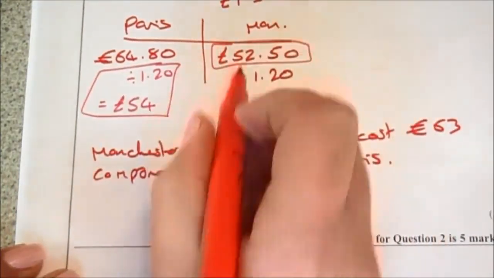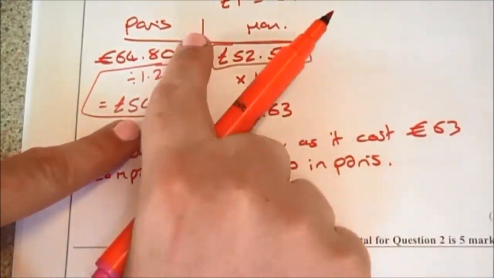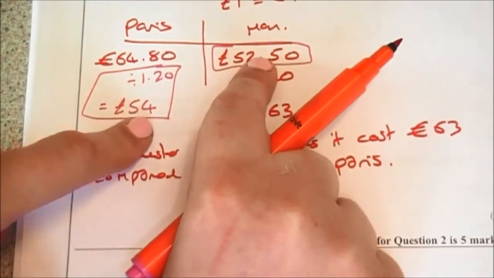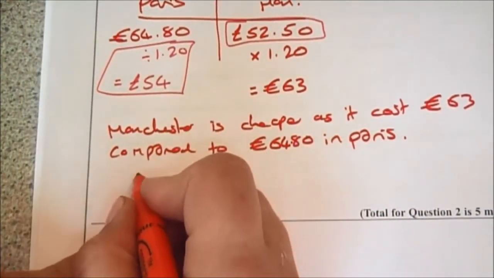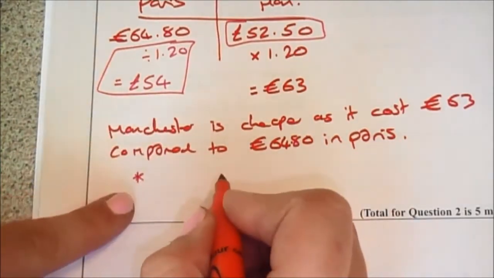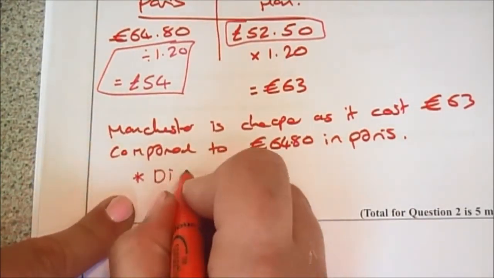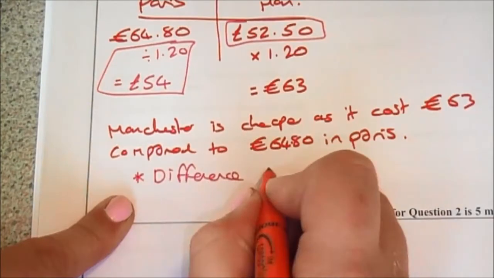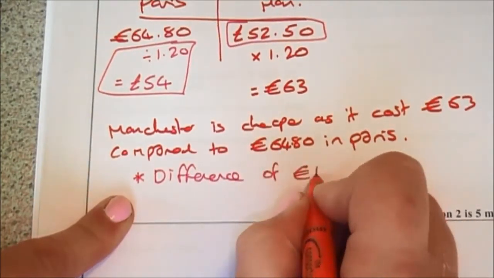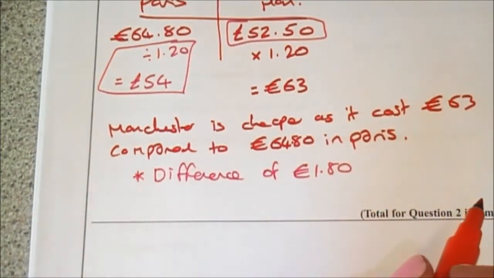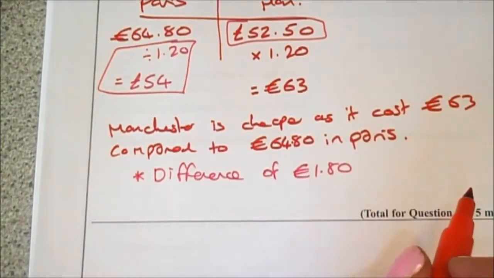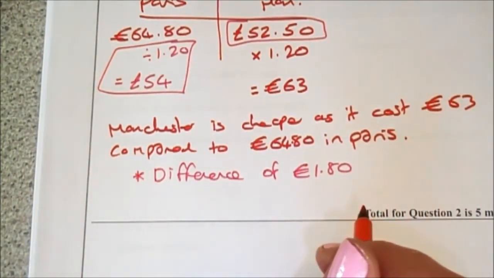So you would then have the comparison of Paris is more expensive because it's £54 compared to Manchester. You may also have mentioned in your explanation the fact that they've got a difference of €1.80 or the difference in pounds, but that's not necessarily recommended unless you want to add it in there.